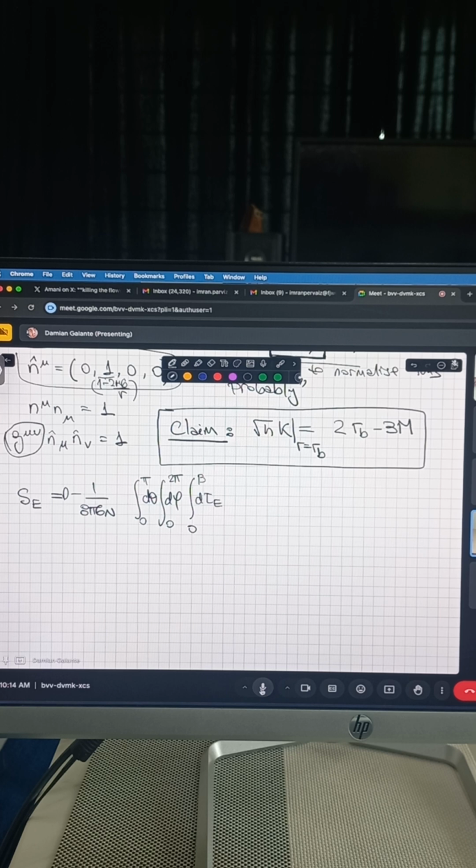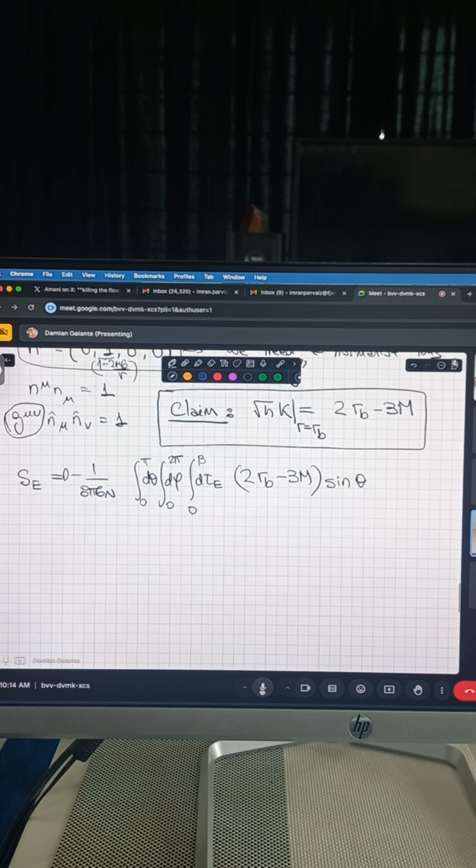And instead of root h k, I will just write 2 r_b minus 3m. And I need to remember that the Jacobian for this d theta comes with a sine of theta inside.